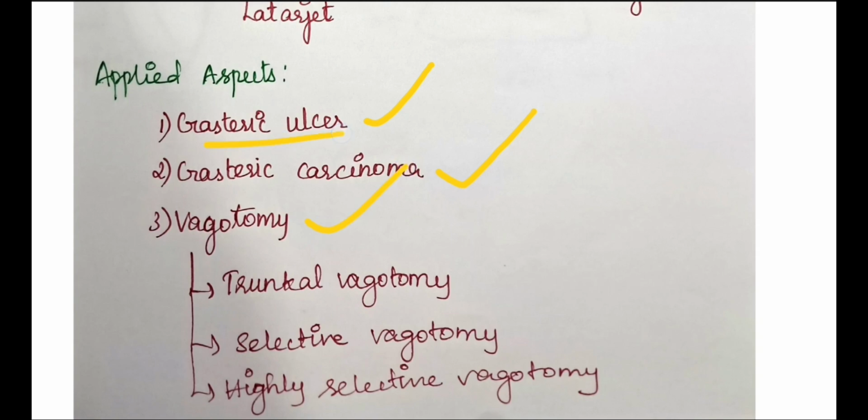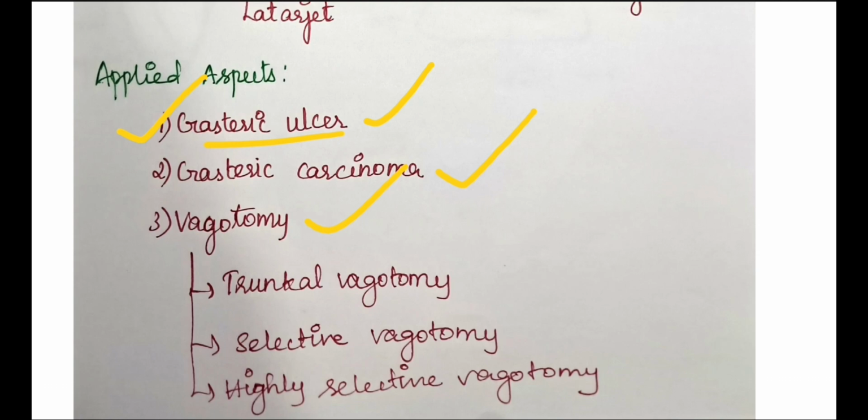So first, gastric ulcer. An ulcer damages the lining of the stomach due to hypersecretion of HCl or due to some infections. So this causes the gastric ulcer. Coming to gastric carcinoma, there is perforation of gastric cells, which normally destroys the gastric contents.